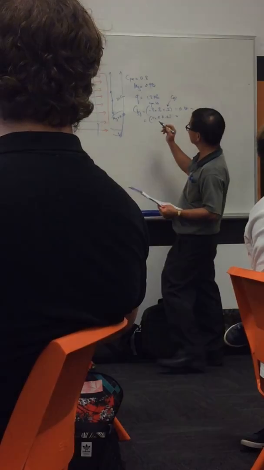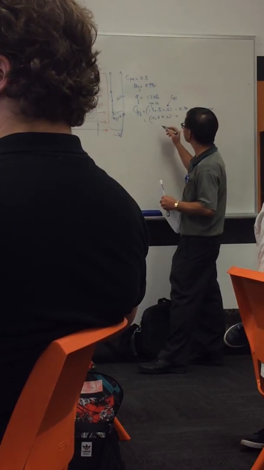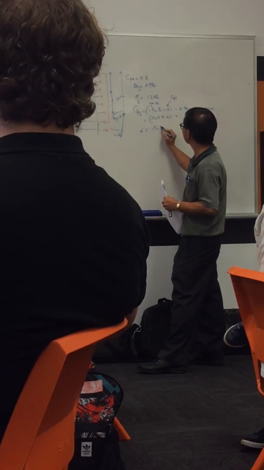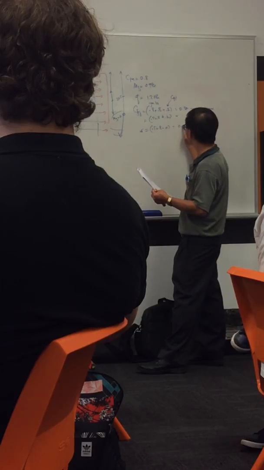Now, for the leeward wind, 0.5 multiplied by 0.8 minus 0 as well, that will become 0.4, and that's leeward.